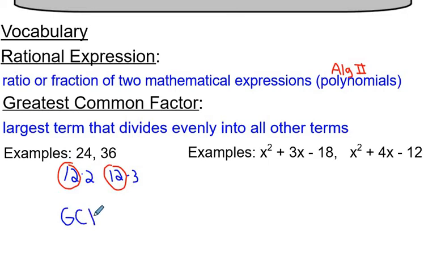Now, some students will have trouble finding that directly because, of course, not everybody knows the greatest number that, for instance, 108 and 112 share, right? So how do you do that if you don't know it off the top of your head? What you actually do is you make a prime factor tree, as you've seen done many times in this class.